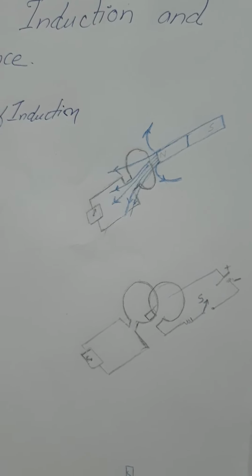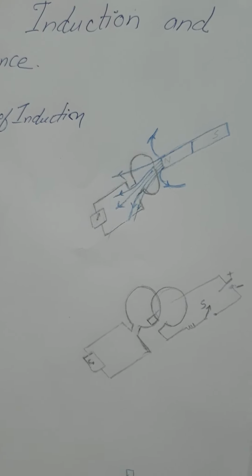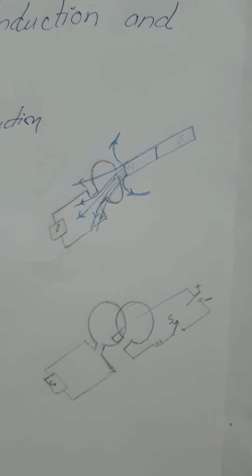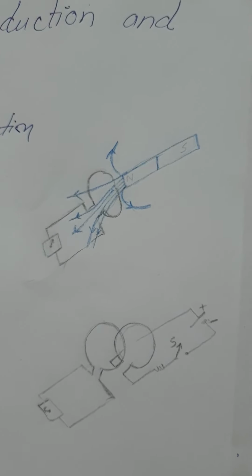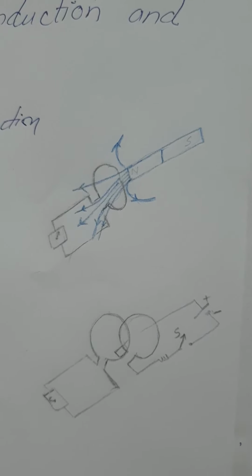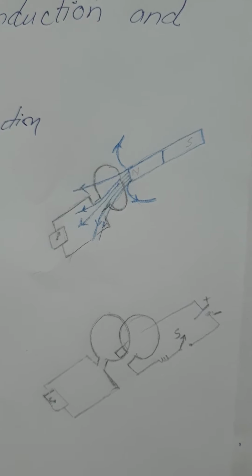Faraday realized that an EMF and a current can be induced in a loop, as in these two experiments, by changing the amount of magnetic field passing through the loop. The amount of magnetic field can be visualized in terms of the magnetic field lines passing through the loop.